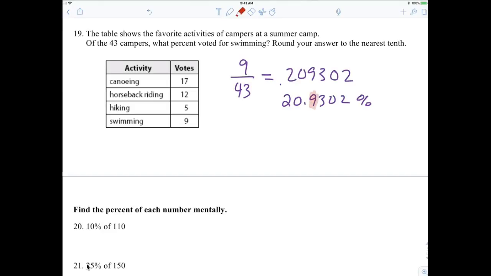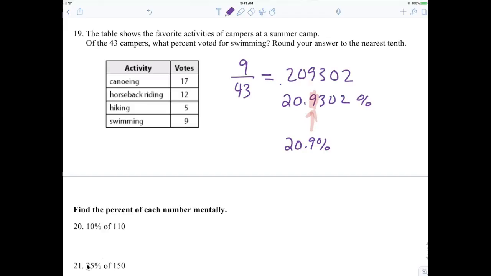Remember, this is the tenth spot, so the one after that is the one you look at. Since it's less than 5, we just say it would be 20.9%.